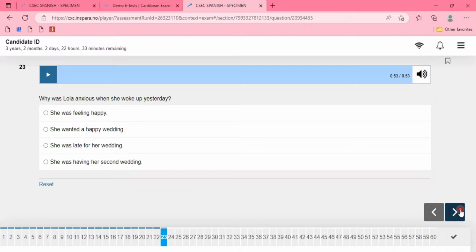Now, in your exam, the format is that you would hear the passage straight through once, so all of it once. You'd have some time to look through the questions, then you'd hear part A of the passage, look through your questions, part B of the passage, look through your questions, and then the entire passage.